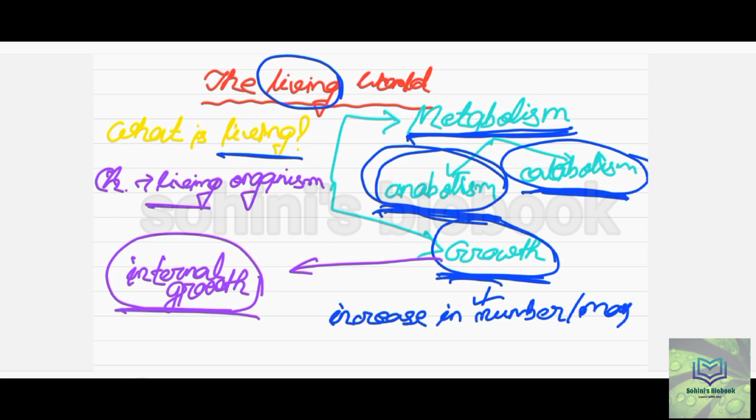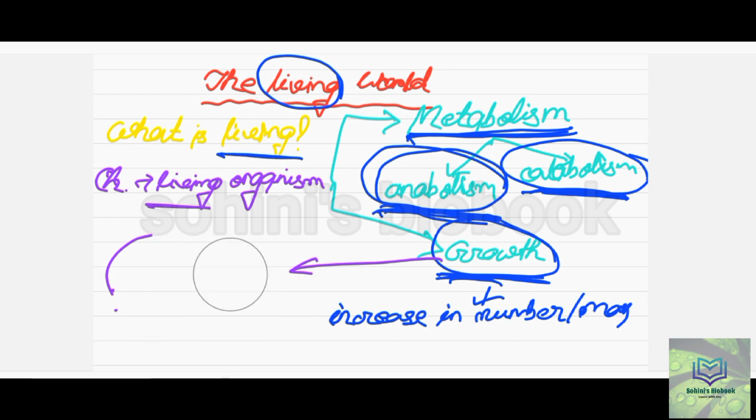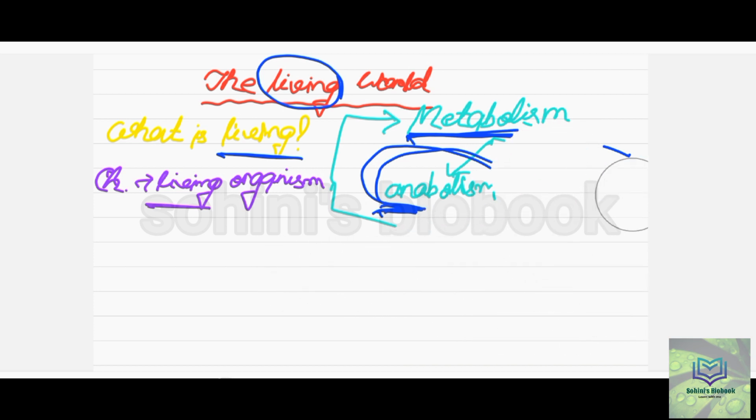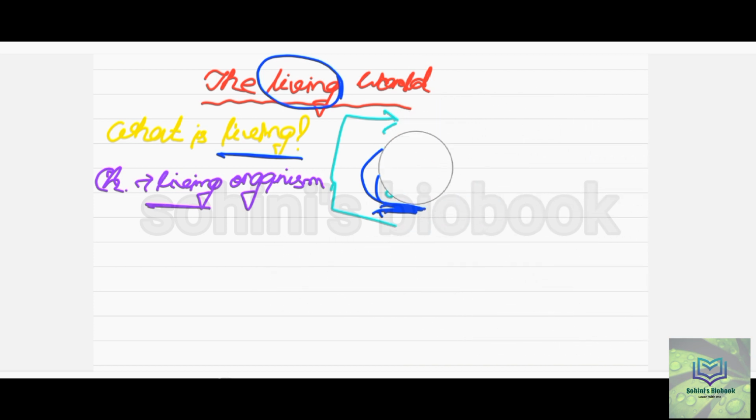So growth should be permanent and internal. Then it will be considered a characteristic of a living thing. So these are the two main vital characters of living things. Now, what can be some other characteristics?